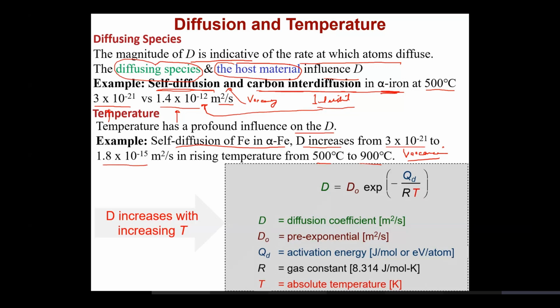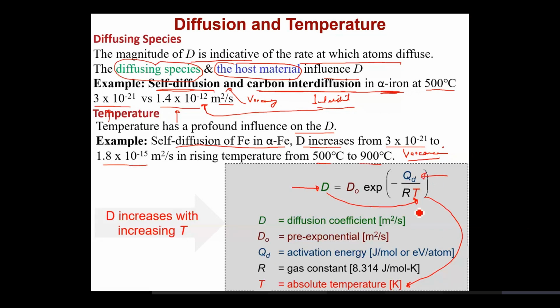Now, the diffusion coefficient D with regards to any temperature is related by the Arrhenius equation, where D is the diffusion coefficient in meters square per second at a specific temperature T, and T is the absolute temperature.